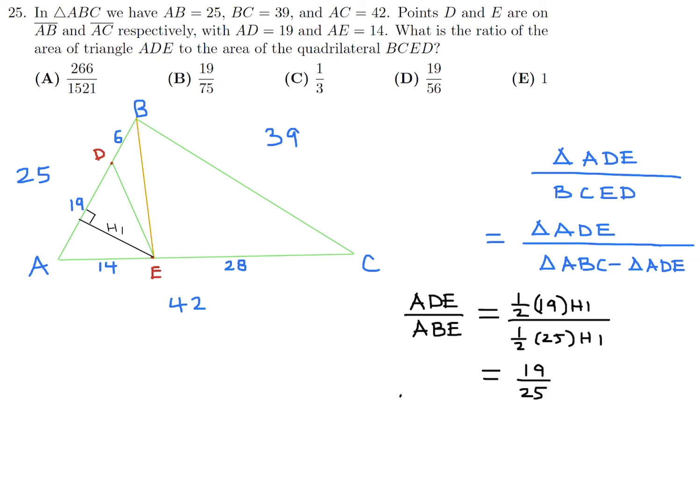All right? And in a very similar way, I will compare ABE to the full ABC. Before I do that, I will draw a very similar type of height from B down to the bottom to make that a perpendicular. I'll call that H2.